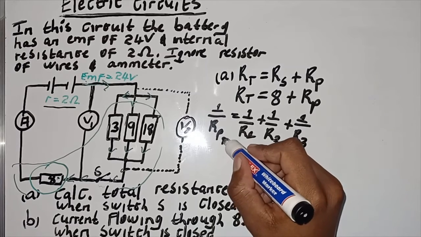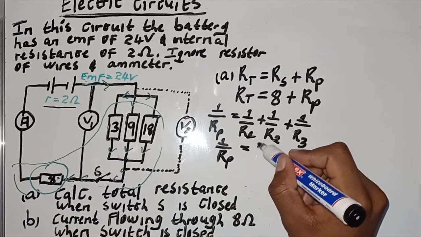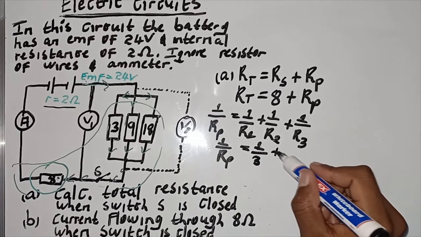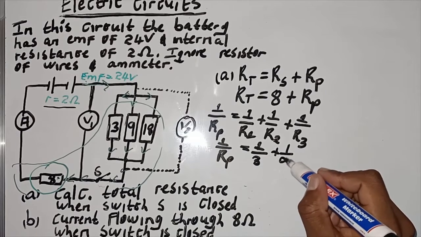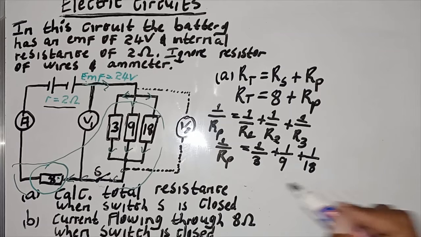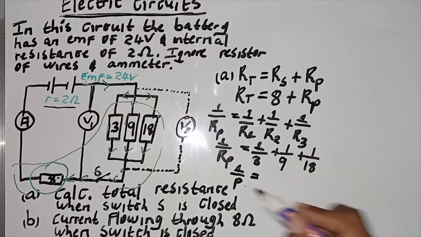So 1 over RP is equal to 1 over 3 ohms plus 1 over 9 ohms plus 1 over 18 ohms.